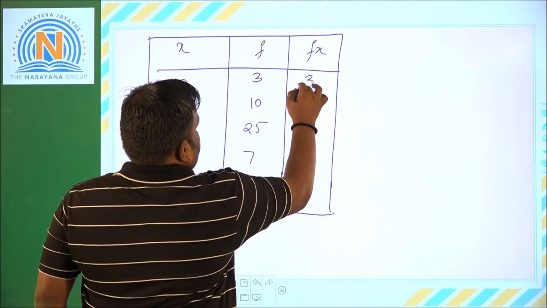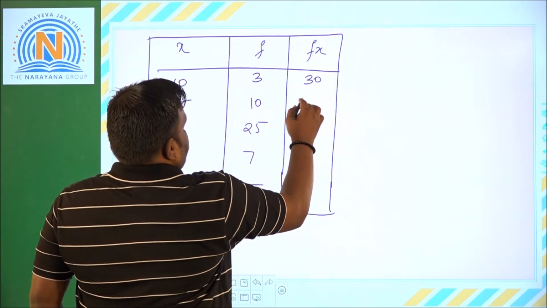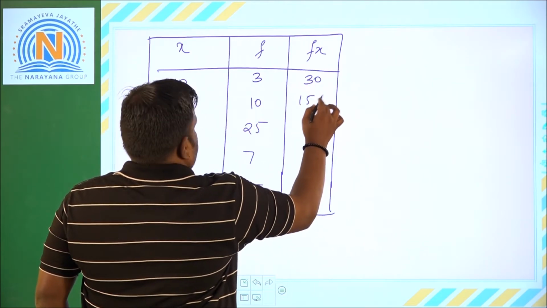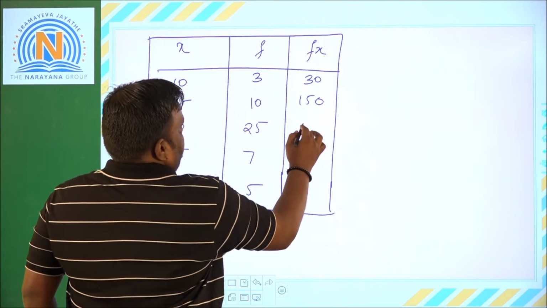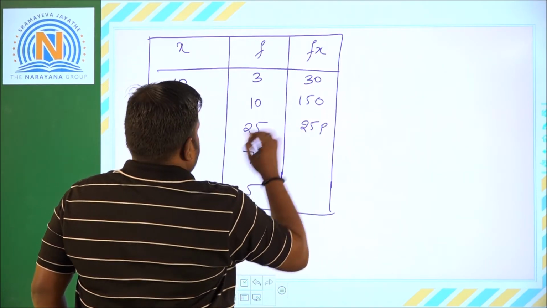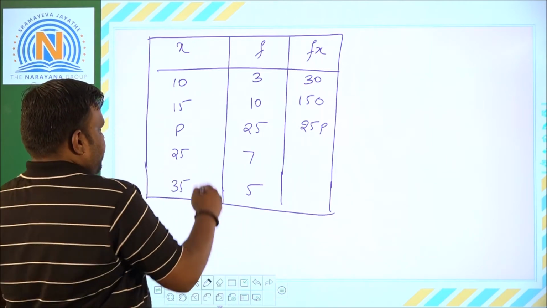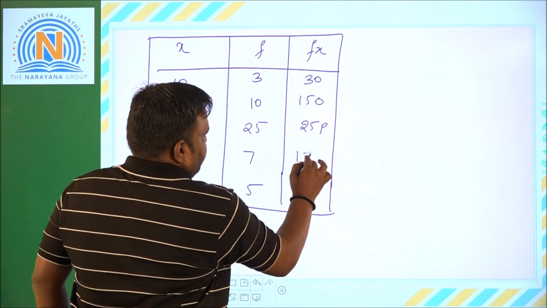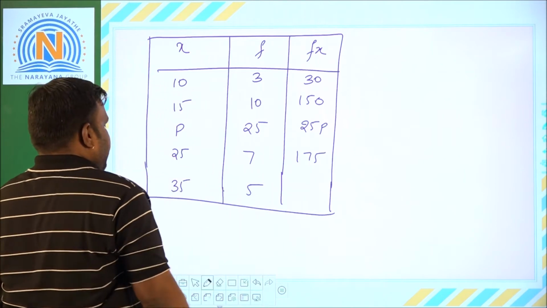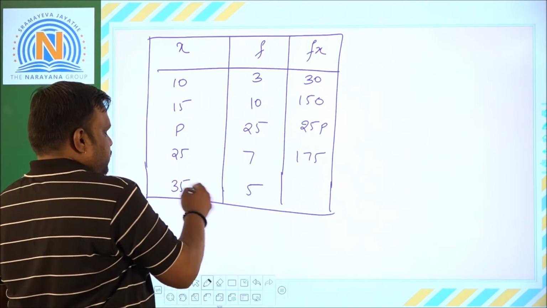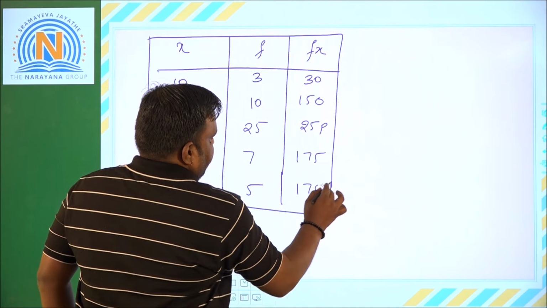We have it clearly: that is 30, and this is 150, and this is 25p, and 25 into 7, 175. Again 35 into 5, again this is 175.